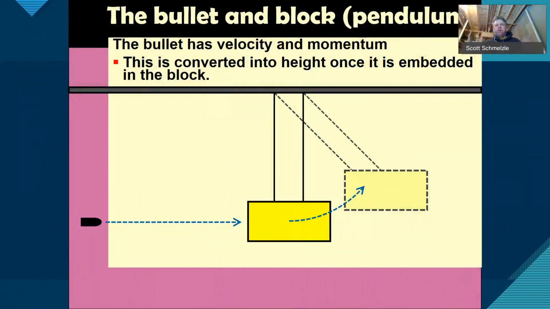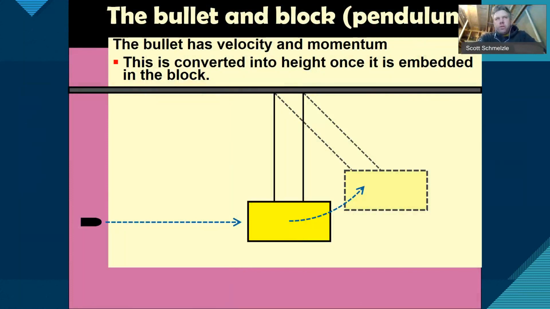Now, this is bullet and block again, but this is bullet and block with a pendulum. The bullet's going to have its velocity and its momentum still. That'll still be there. So again, the path we can take is we can ask how fast the bullet is going.